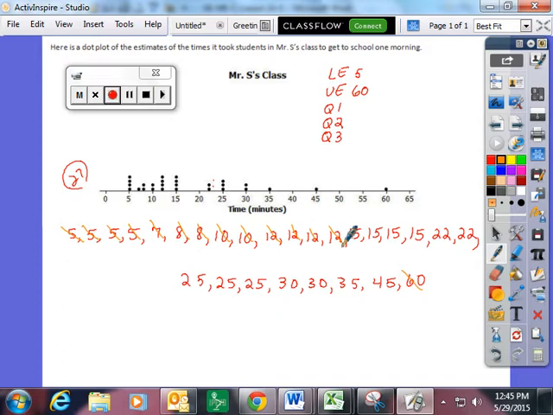Since it's an odd number, I know I'm only going to have one middle in my set of data. So I just crossed out 13 on this side, and 13 on the other side. Beautiful. I have one median. Q2 is 15.